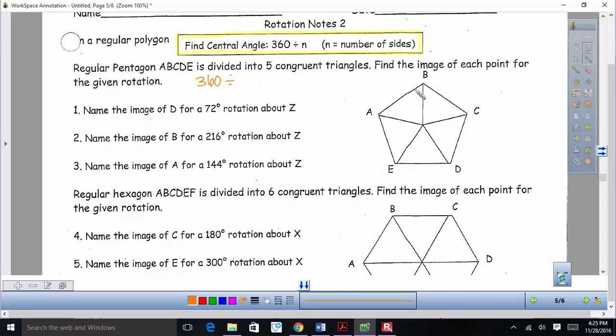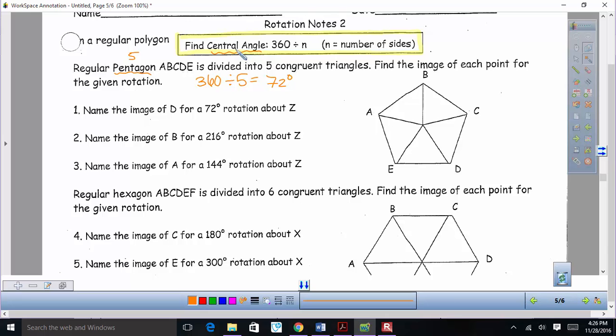So if you go over here and count, or you just look at the fact that this is a pentagon, pentagon means 5. So you're going to take 360 and divide it by 5. Okay, so 360 divided by 5 gives us 72.